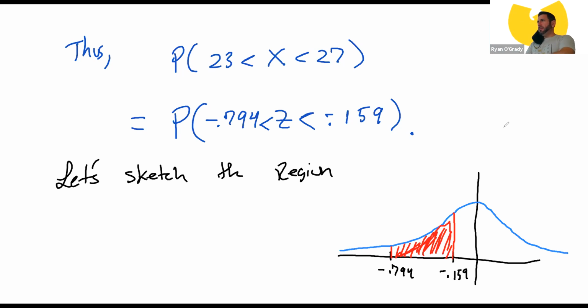Now, here's the issue. Depending on what table you look up, the table is not going to give you this specific area. You have to use some reasoning skills. So here's what I mean by depending on what table. Suppose we go to the internet.